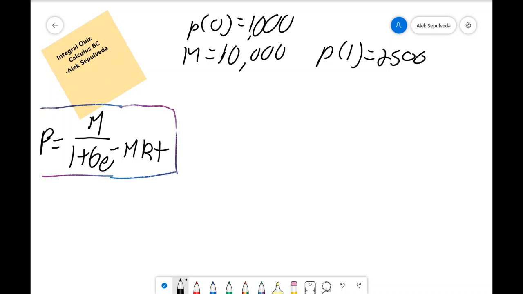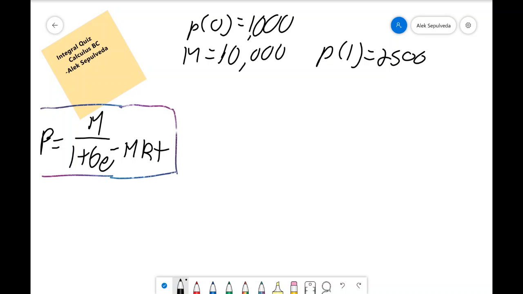The first step is going to be using our general equation, P equals M over 1 plus b e to the power of negative M kt. We're going to have to plug everything in. Since we know that P0 is equal to 1,000, and because 0 takes out the e from the equation, we can solve for b that way.